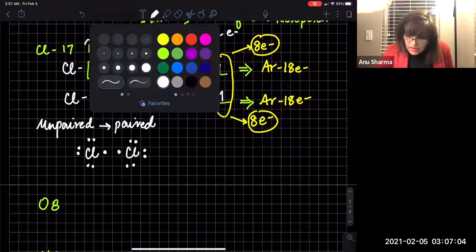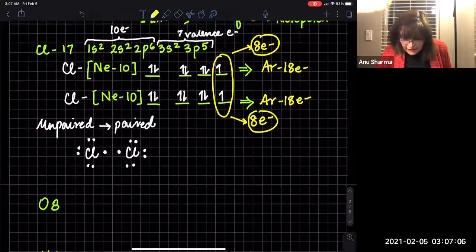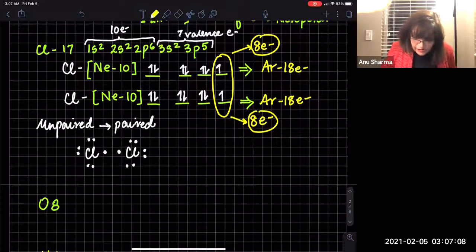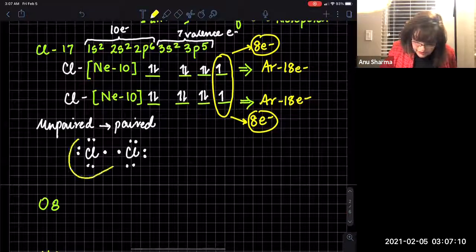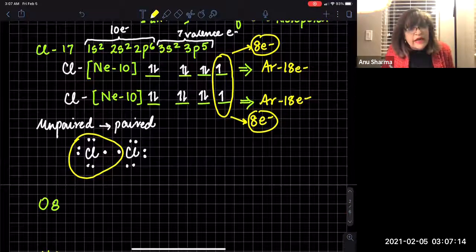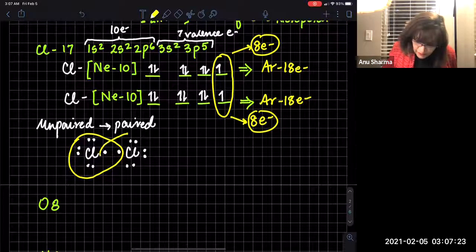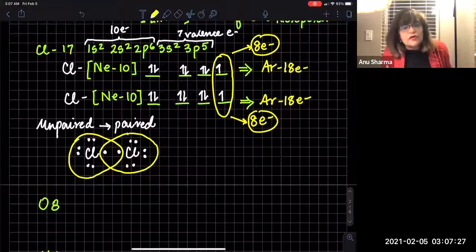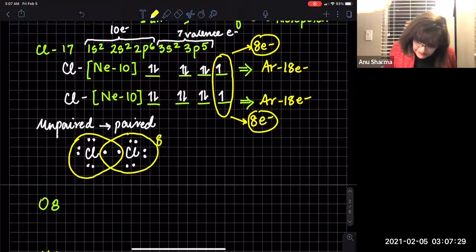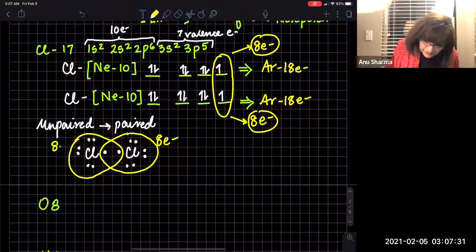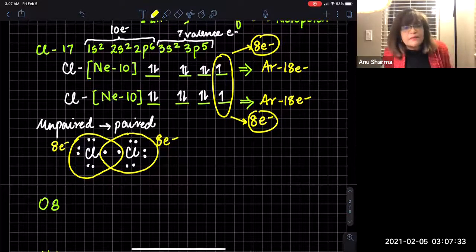Chlorine internally wants to have 8 so that its octet is met. The only way that can happen is if it gets to share the electron of its neighbor, and this chlorine also gets to share the electron of its neighbor. So each of these chlorines will have 8 electrons.